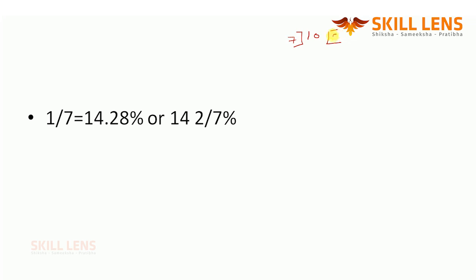Okay, 7, 0. 7 ones are 7. I'm left with 3. Point, I have a 0. 7 fours are 28. I'm left with 2. I can put a 0. 7 twos are 14. I'm left with 6. Okay, 0. 7 eights are 56.